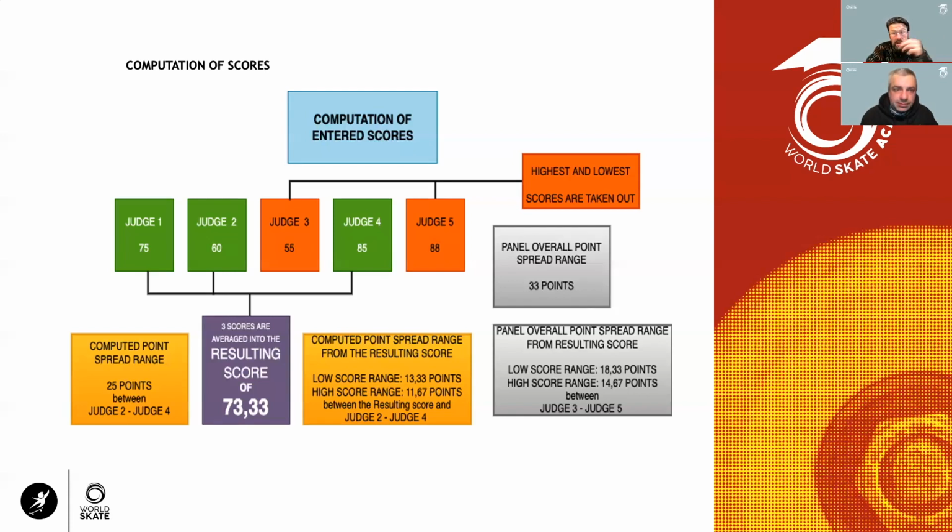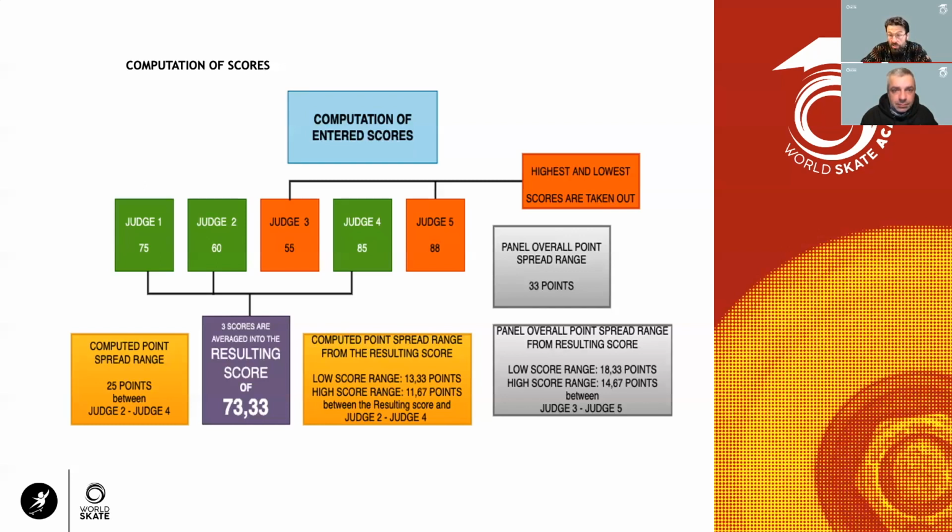So in our example on this sheet, you see judge number one, judge number two, judge number three, judge number four, judge number five. We see judge number three was the lowest one with 55 points, and judge number five was the highest with 88 points. The judges in the middle gave 75, 60, and 85, which gave the 73.33 average.